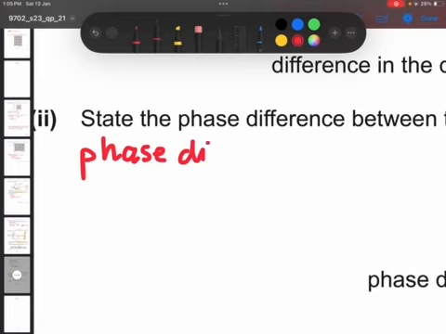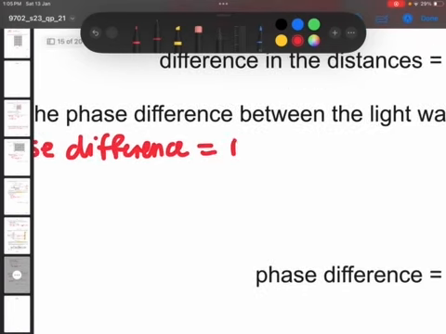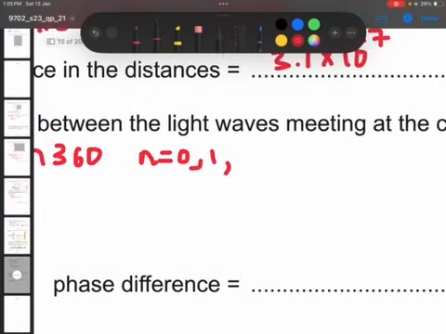This path difference in this particular question will be, again, since it's for constructive interference, n times 360. You can swap 360 for 2 pi, depending on whether the answer is needed in degrees or in radians, where n equals 0, 1, 2, 3, continuously like that.